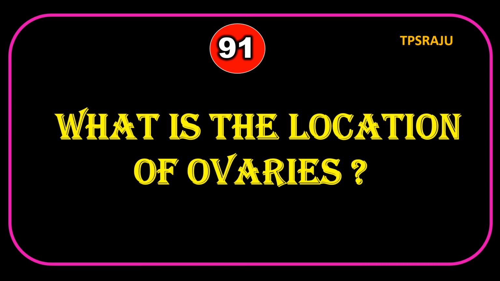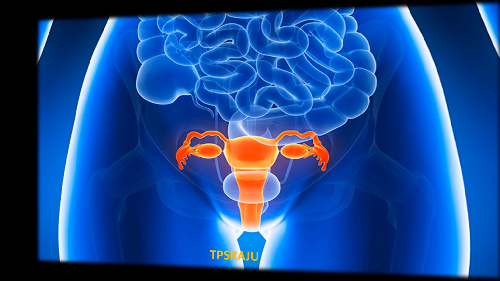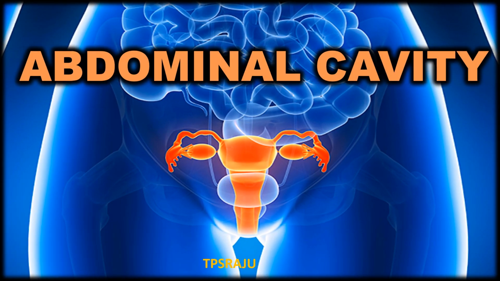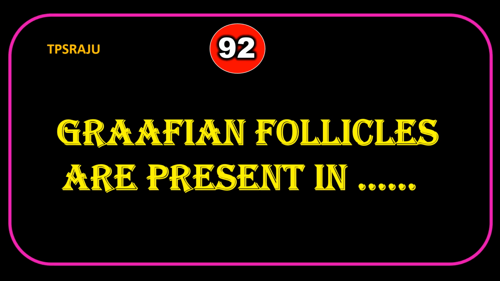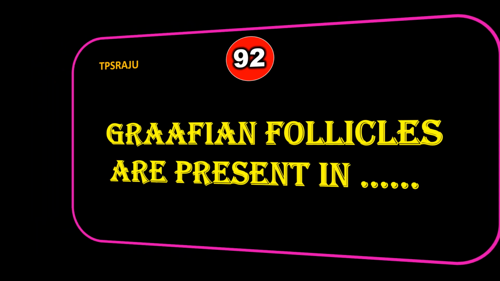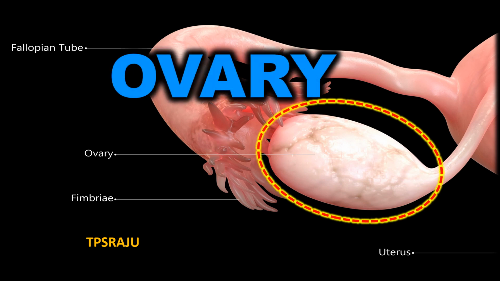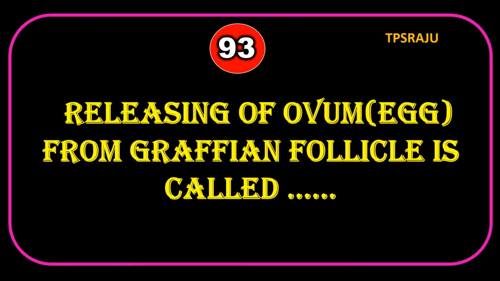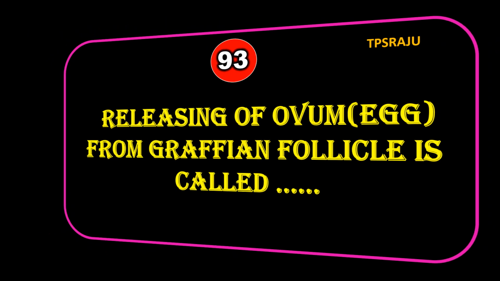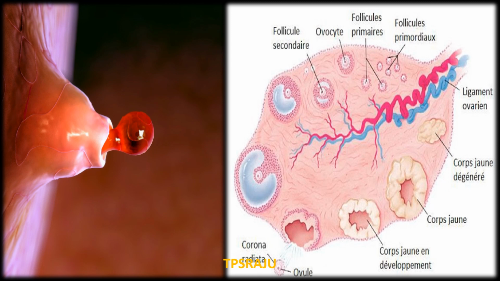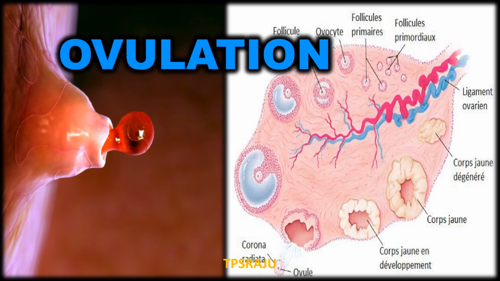What is the location of ovaries? Abdominal cavity. Graafian follicles are present in ovary. Releasing of ovum from Graafian follicle is called ovulation.